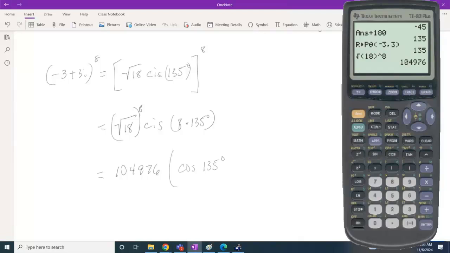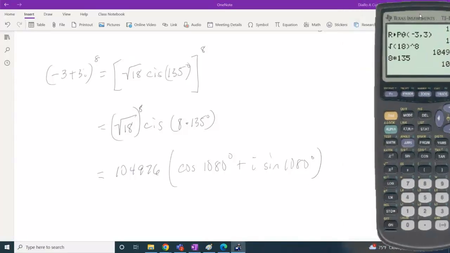And I'm going to expand it out times the cosine of 135 degrees plus i times the sine, well, excuse me, I have to multiply 8 times 135. 8 times 135 is 1080. So I have 104,976 times the cosine of 1080 plus i times the sine of 1080.